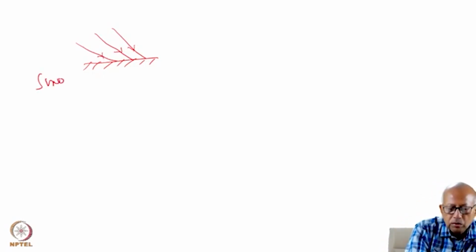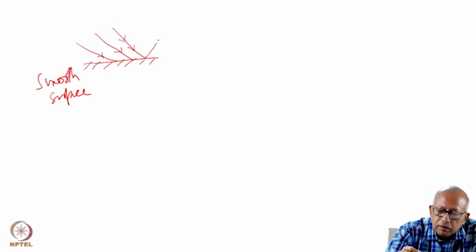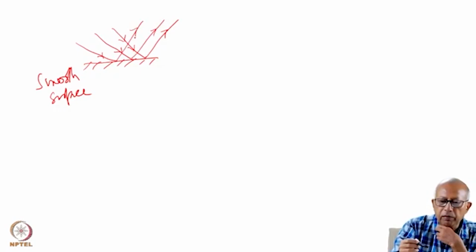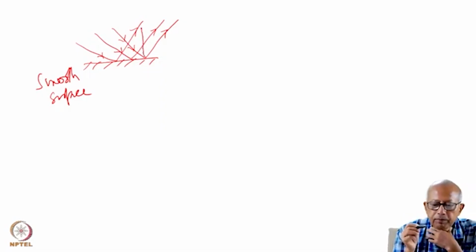If this mirror is a smooth reflecting surface, then this is the incident ray and this is parallel. So for all these incident rays, there will be a corresponding parallel reflected ray. And on the reflecting surface, we draw a normal.